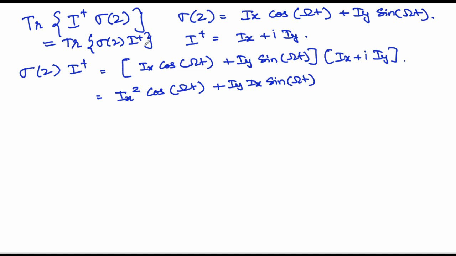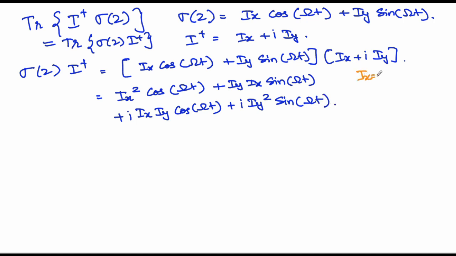Basically, trace of A times B is equal to trace of B times A is the identity we are exploiting here. So now the other part of it, plus Ix Iy cos capital omega t plus Iy square sine omega t is what we have reduced ourselves to.